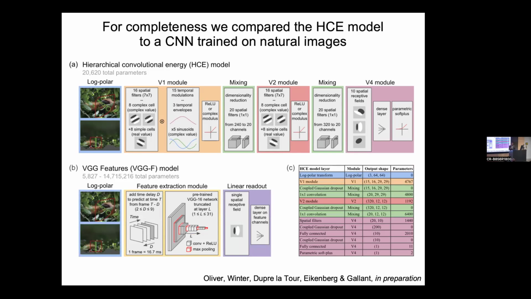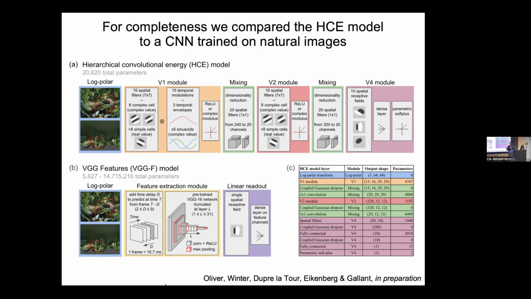Just for completeness, we also compared this to a standard convolutional neural network, which is VGG. I think this comparison is kind of unfair because VGG is trained on natural images, and these data come from movies. But that's the current sort of figure of merit right now. Nobody has a neural network model of the visual system in primates or humans that uses movies.